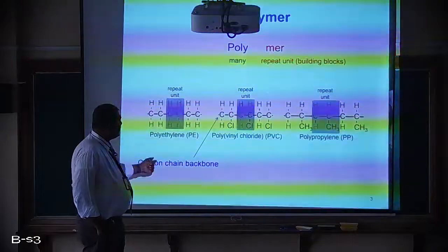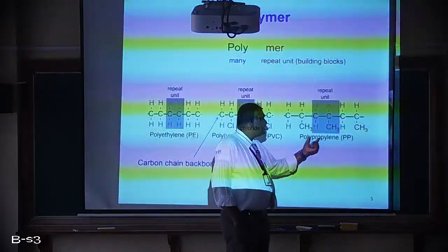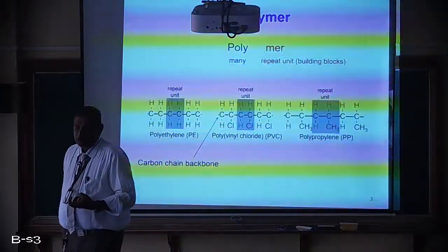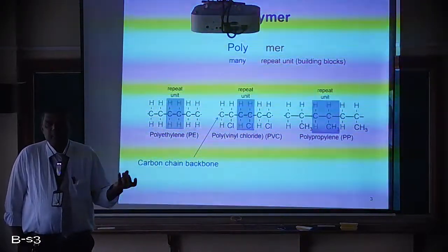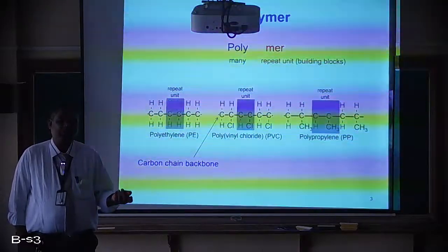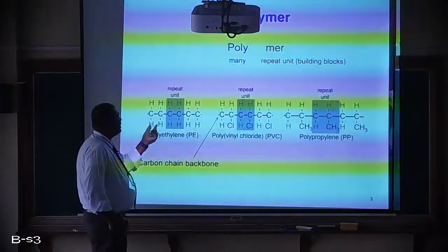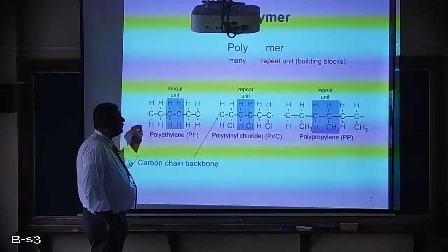Now you can see this is polyethylene, this is PVC, and this is polypropylene. In each type of polymer there are repetitive blocks, whether it is polyethylene, polypropylene or PVC. In polyethylene, the carbon and hydrogen are repetitive in nature.